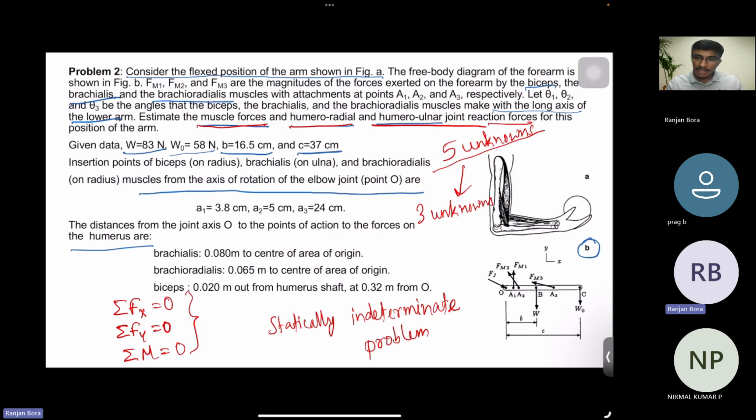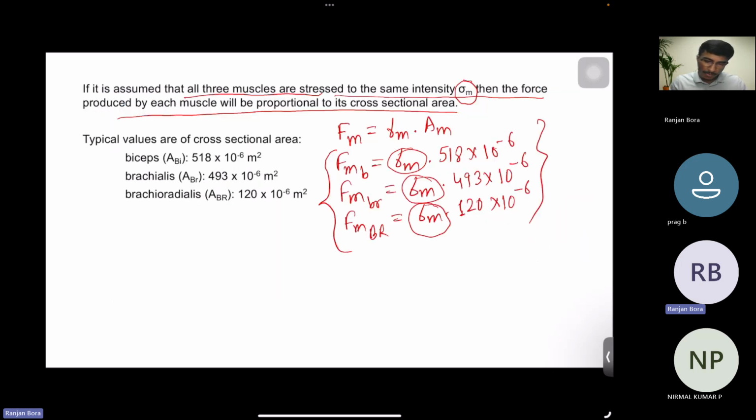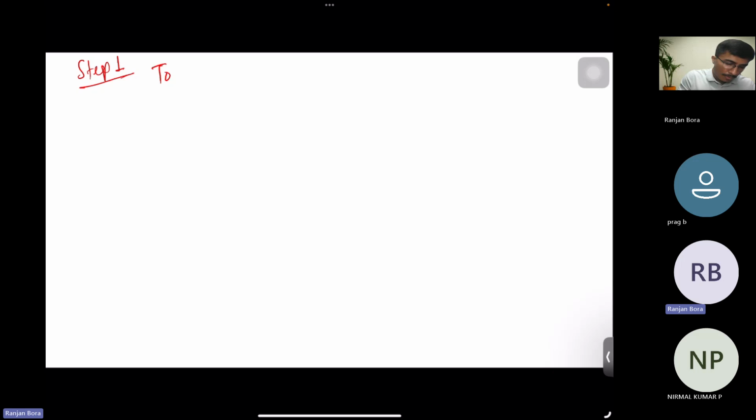Step 1: we don't know the muscle moment term, so first we need to find the muscle moment terms. For each muscle, I will find the muscle moment terms.